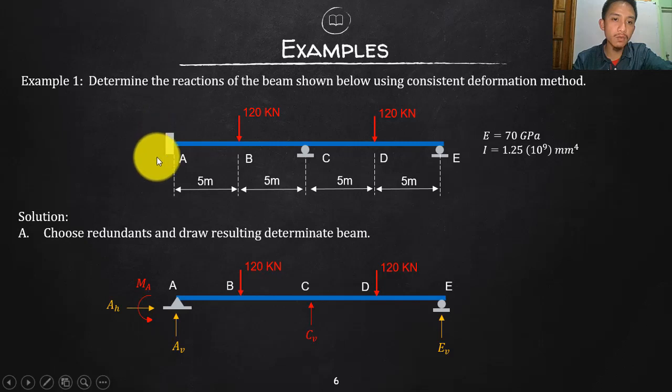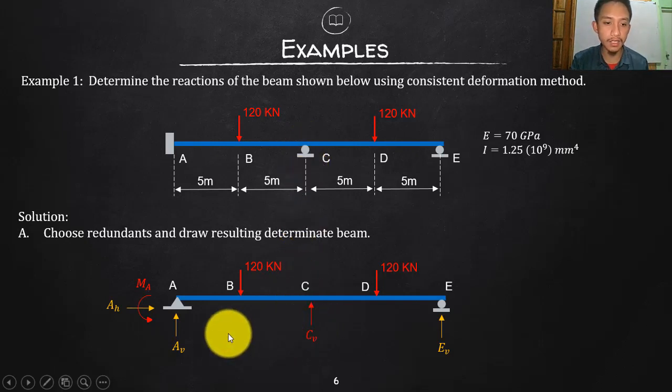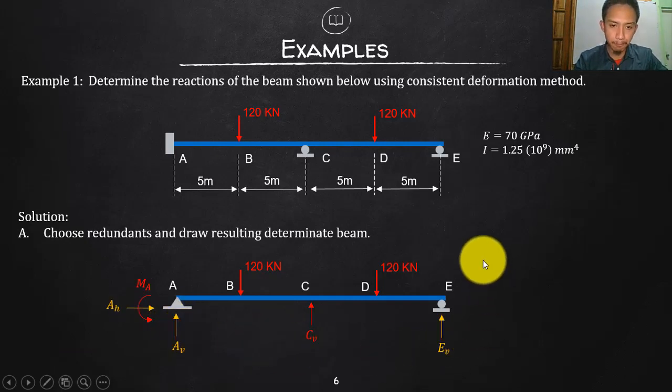One of my redundants will be the moment at point A, so I release the moment here and it becomes a pin. I will also release this internal roller support, which serves as my second redundant. I will color the redundants red so that the orange ones will just be my reactions. This is the case that I choose.